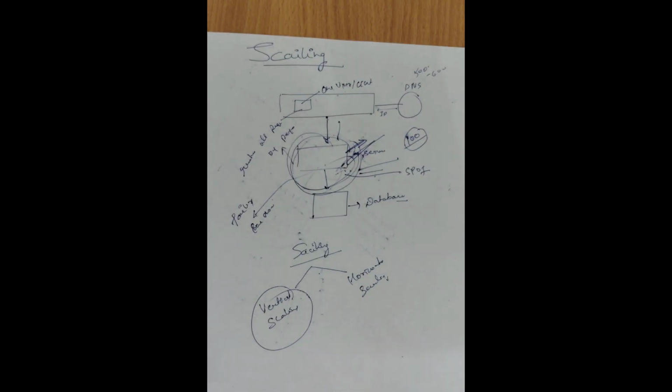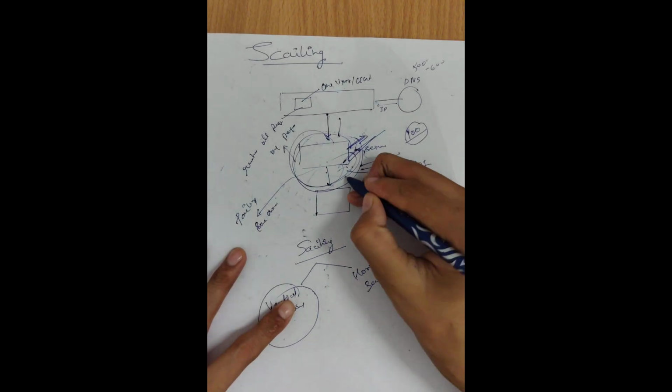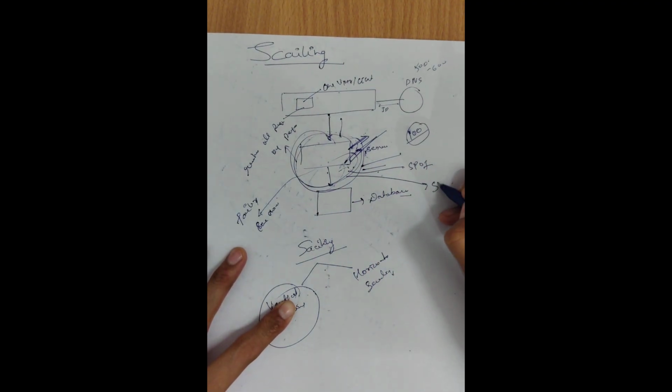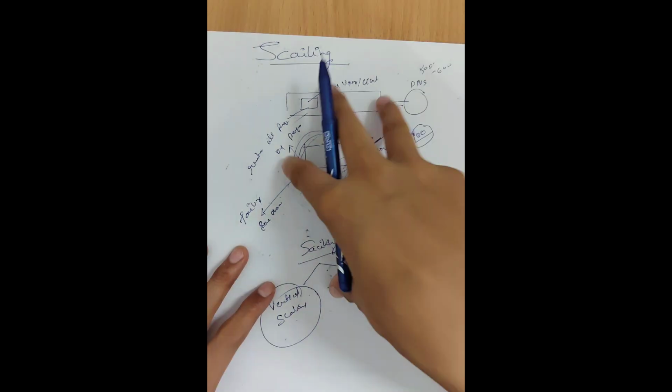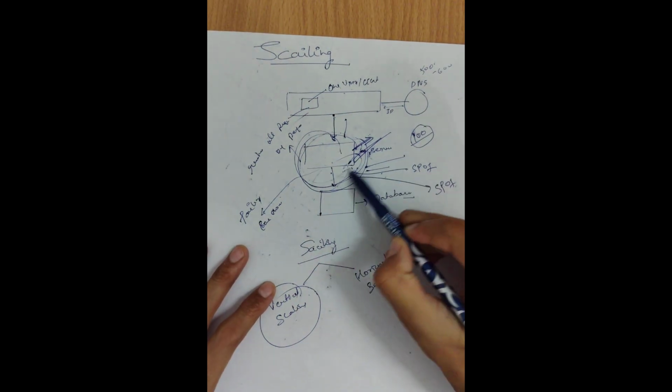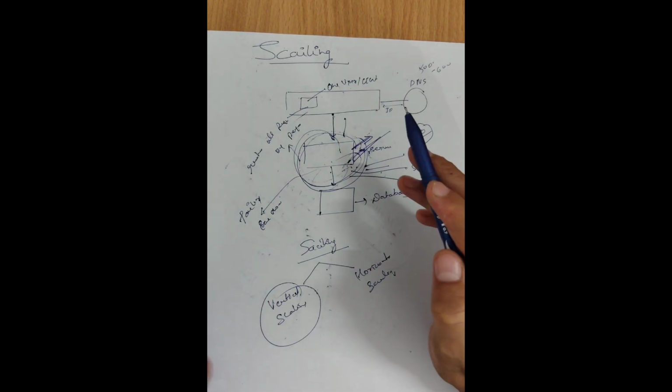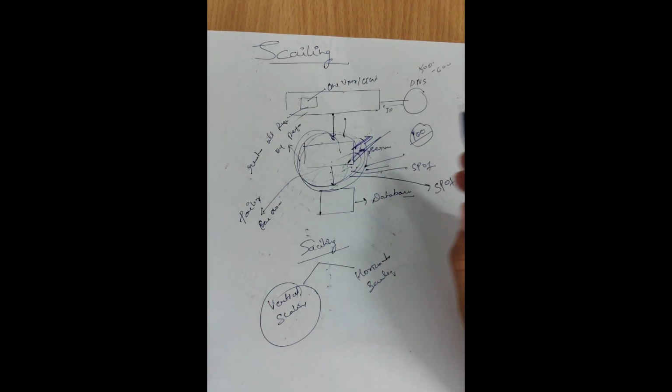Also, if you are using vertical scaling, there will be only one server, right? And that one server can be a single point of failure. As we discussed in single server architecture, there was one single server. You increased the resources, you upgraded the server, but that server can still be a single point of failure.